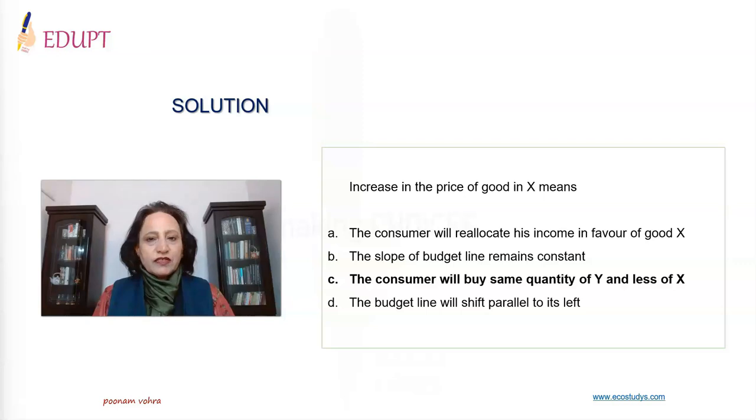Please check your answer. With increase in the price of good X, now the consumer will buy same quantity of Y but less quantity of good X. So option C is correct.